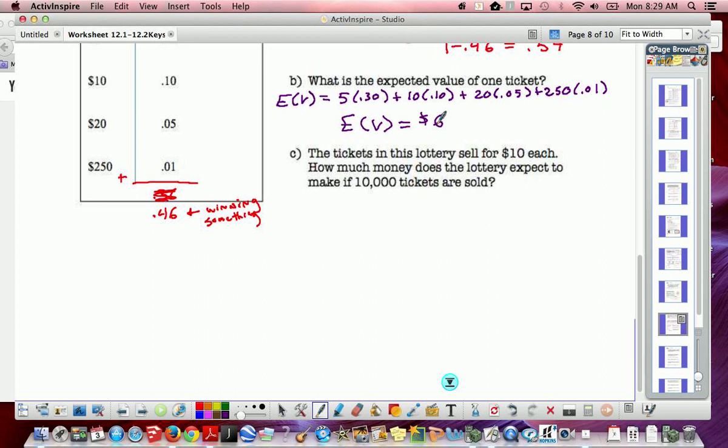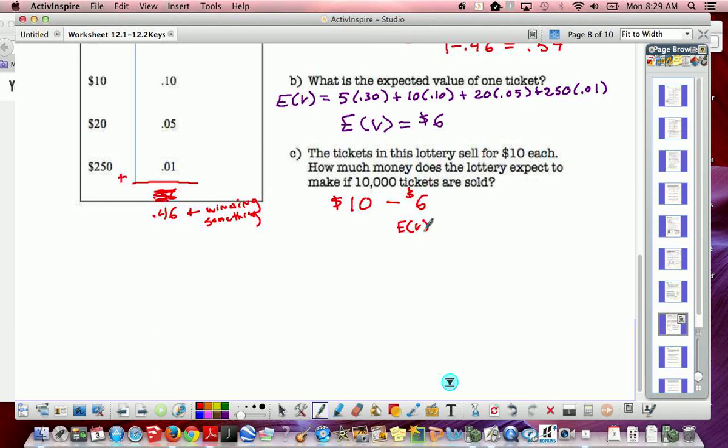Now, the tickets in the lottery sell for $10 each. How much money does the lottery expect to make if 10,000 tickets are sold? They sell them for $10, and the expected value is $6.